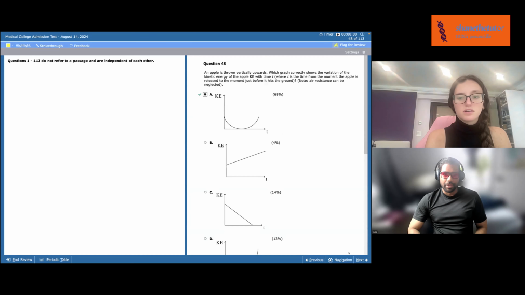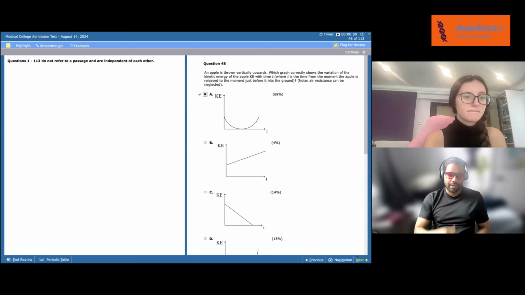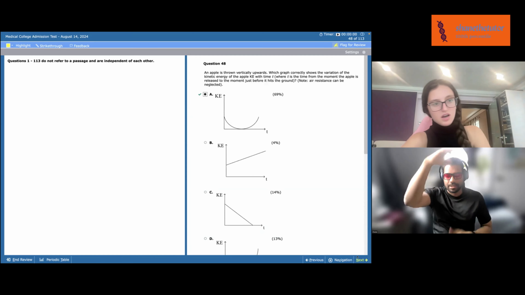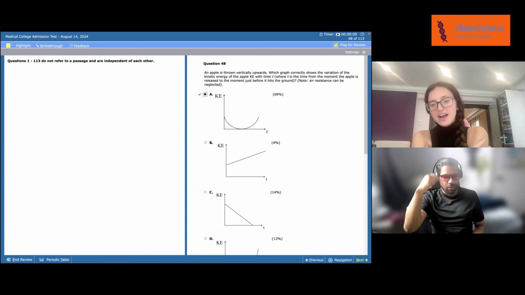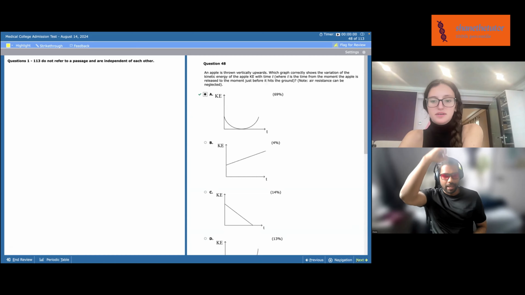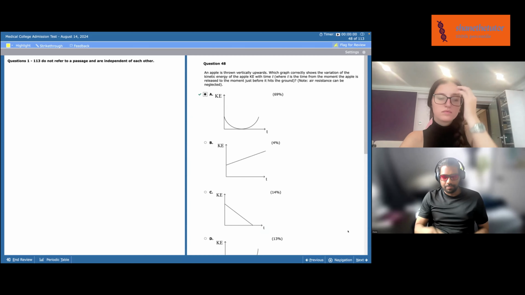Exactly. When the person throws it, you already start off with kinetic energy, and as it travels it gets slowed down because of gravity. So at its highest point, it's going to have a kinetic energy of 0. And then it'll start to fall, and come back up again.